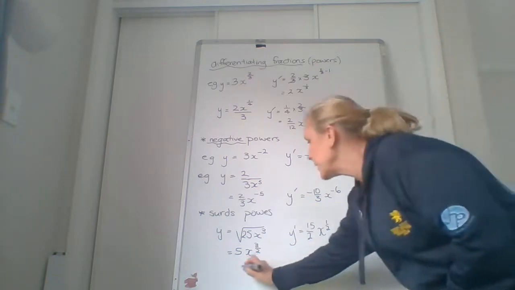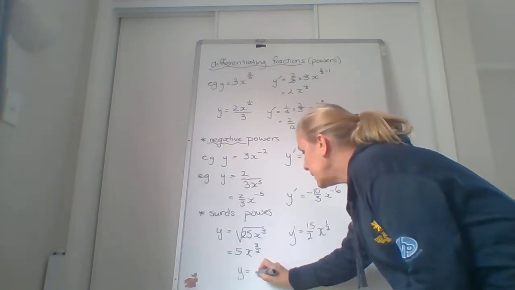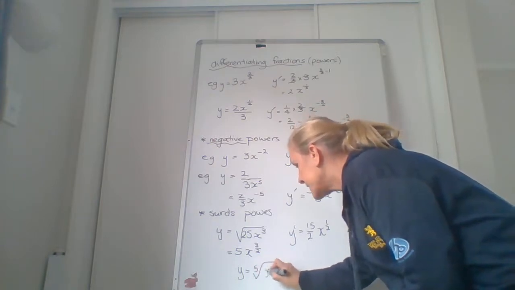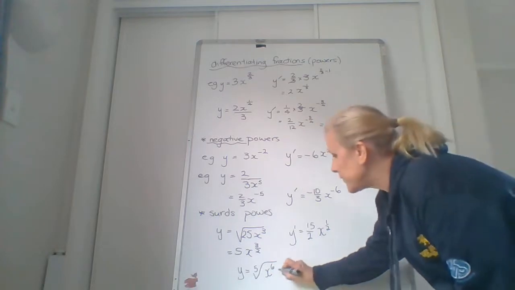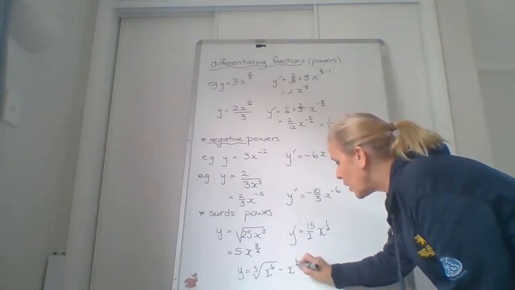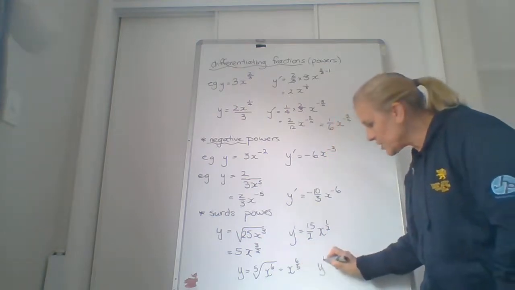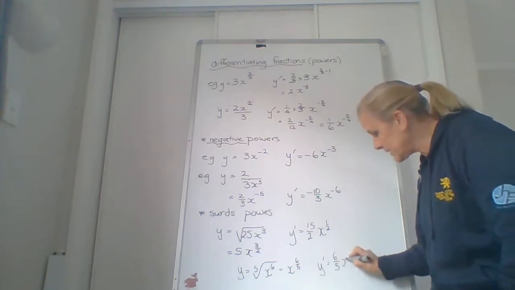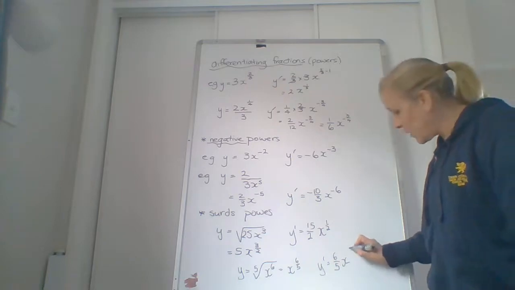So, nasty one: y equals the 5th root of x to the power of 6. So rewrite it first as x to the power of 6 over 5. Now y dash equals 6 over 5 x to the power of, taking away 1 from 6 over 5, 1/5.